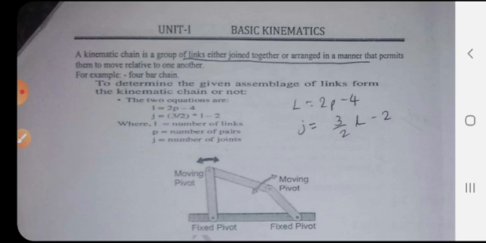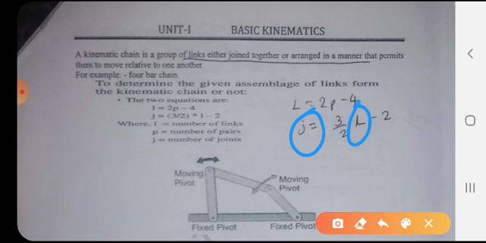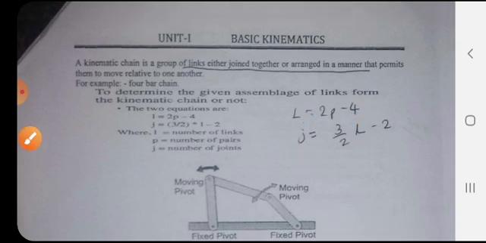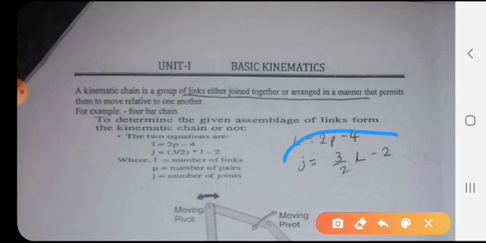Another relation between the number of links L and the number of joints J, which constitute a kinematic chain, is given by the equation J = (3/2)L - 2.